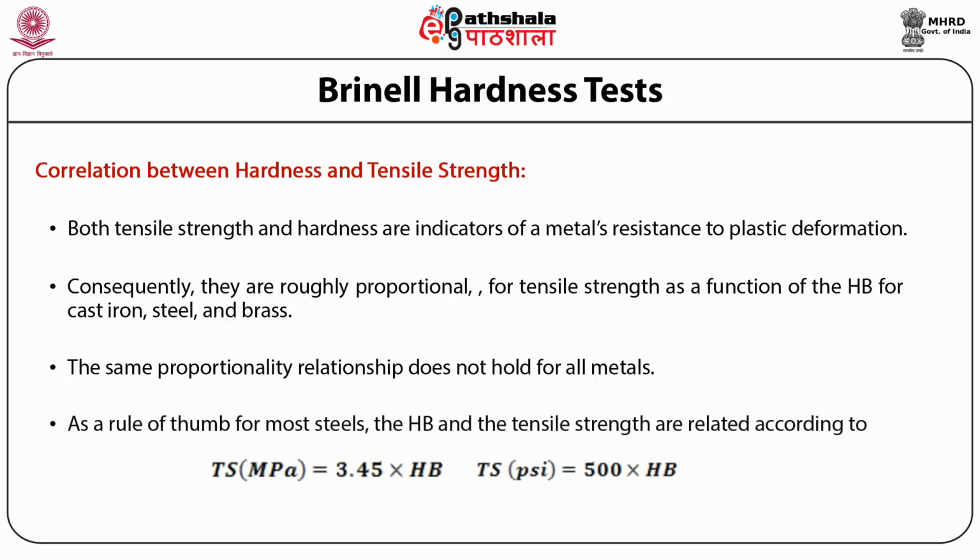As a rule of thumb, for most steels, the HB and the tensile strength are related according to TS, the tensile strength in megapascals, equals 3.45 multiplied by HB, or TS, the tensile strength in psi, equals 500 multiplied by HB.